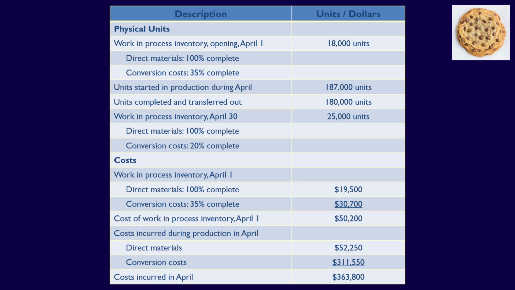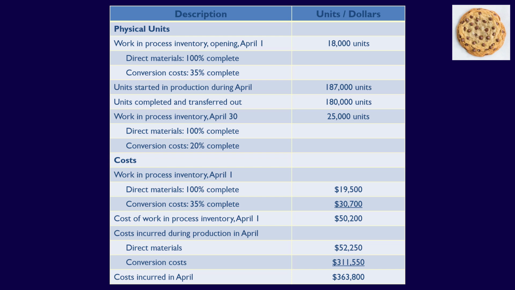Costs. Work in process inventory, April 1st. Direct materials, 100% complete, $19,500. Conversion costs, 35% complete, $30,700. Cost of work in process inventory on April 1st is therefore $19,500 plus $30,700, which is $50,200. Costs incurred during production in April.